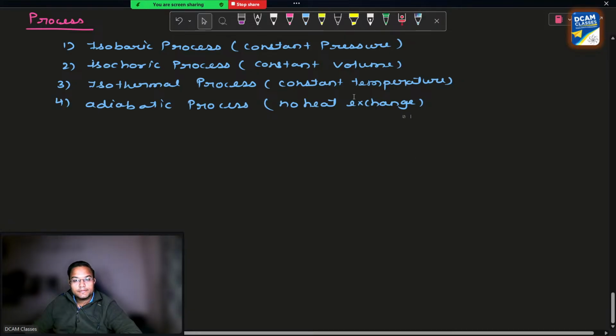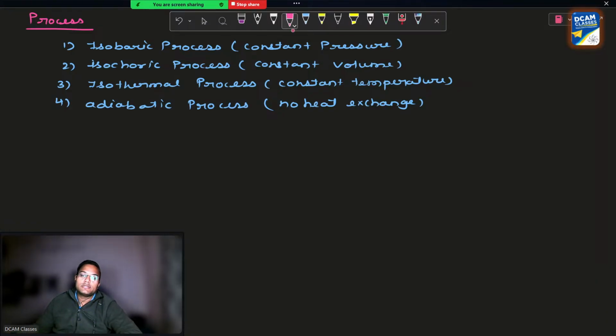kinds of questions. Okay, now what is an isobaric process? Actually, see, Haripriya, whenever you will be solving questions on this, one equation that you will be making use of constantly is PV is equal to nRT. That's the gas law.